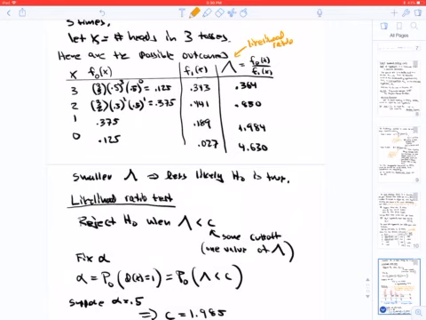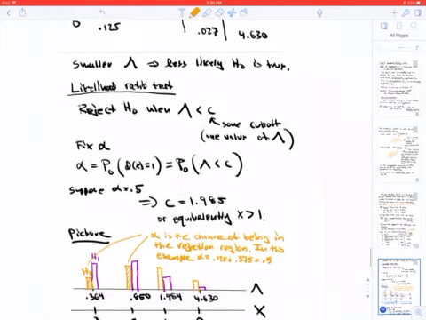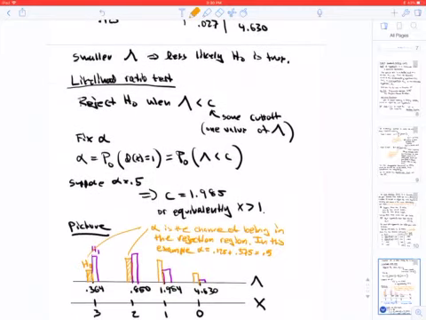So there's going to be some cutoff where we're going to reject that we have a fair coin if our likelihood ratio is too small, right? So the form of the likelihood ratio test is always we're going to reject the hypothesis when our likelihood ratio is less than some cutoff.